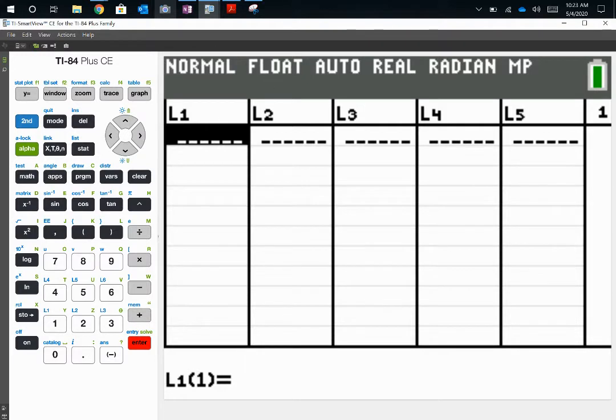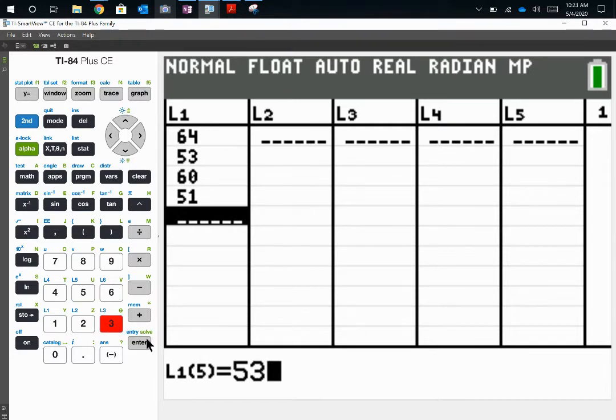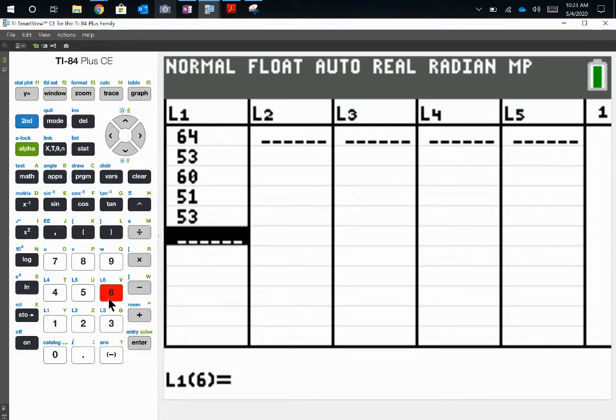So 45, 64, these are the ages of the first 6 presidents: 64, 53, 60, 51, 53, and 63.